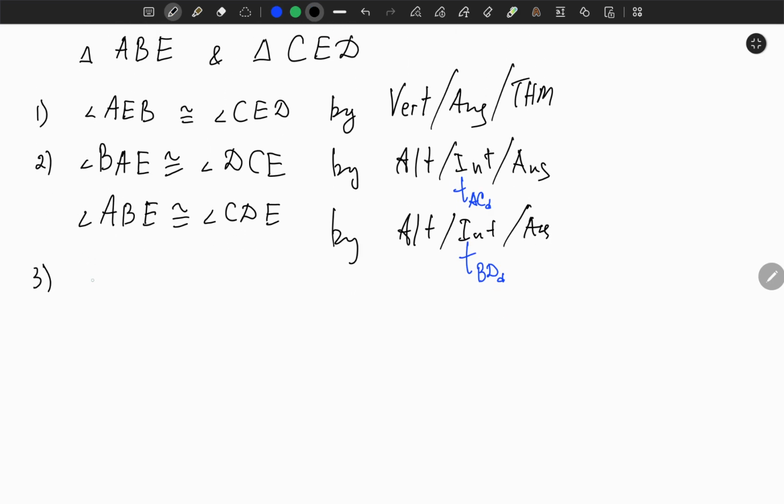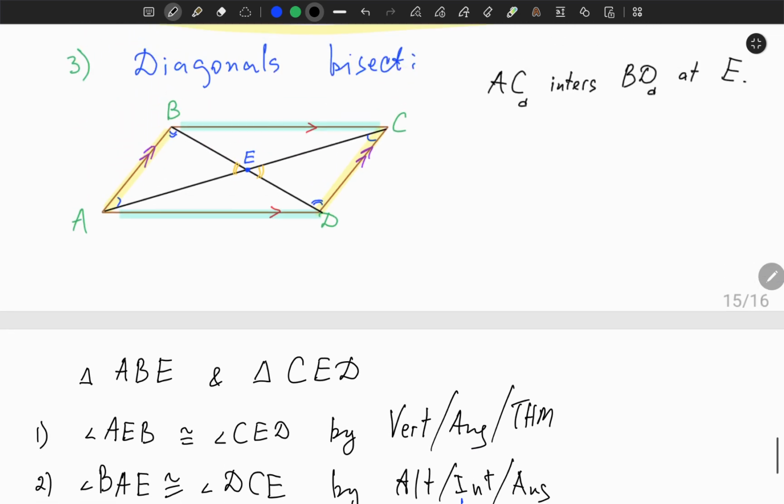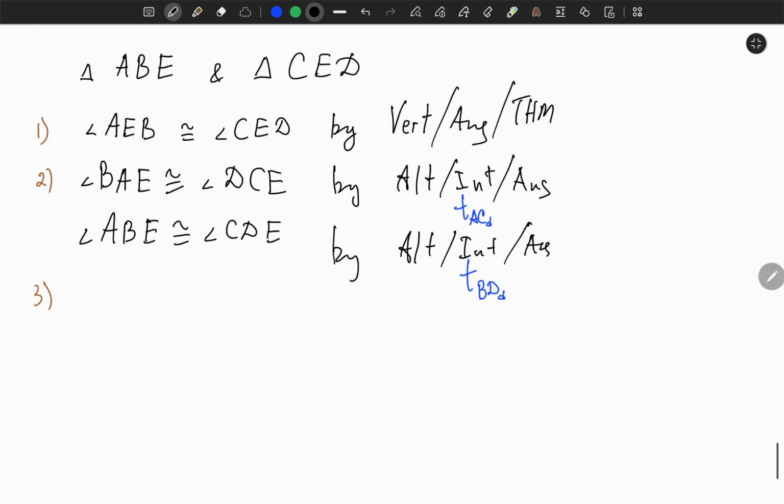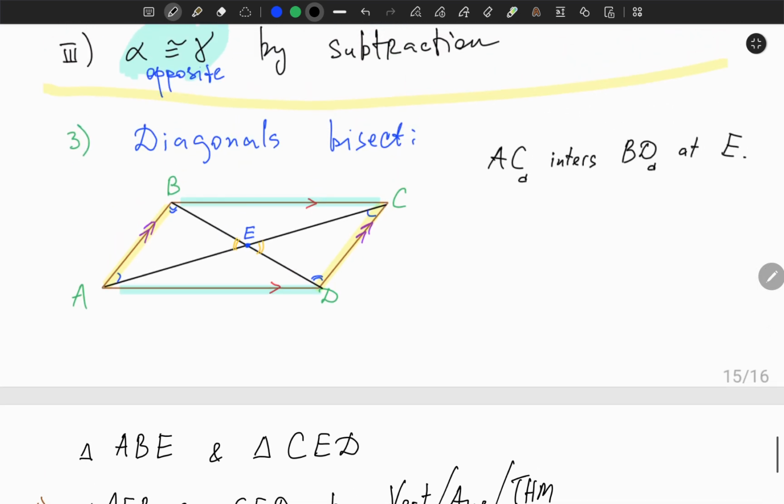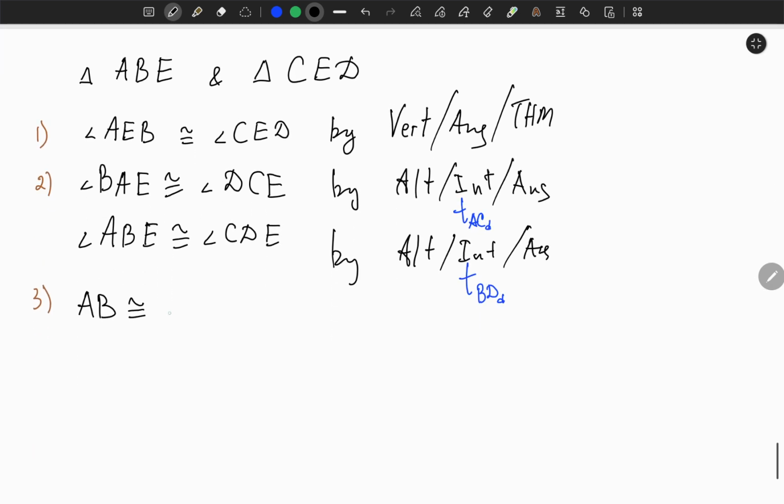So number 3, parallel. Okay, AB is congruent to CD by the definition of a parallelogram.